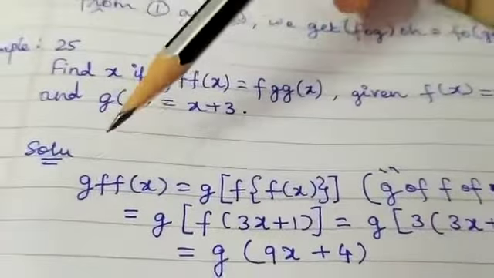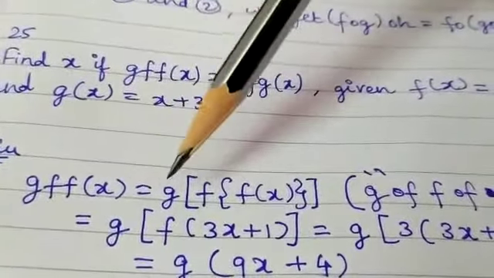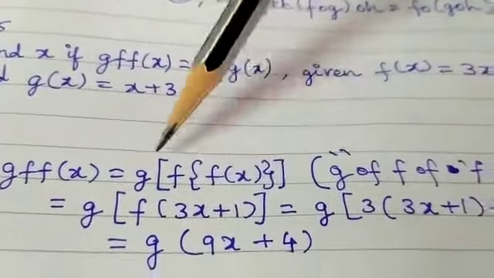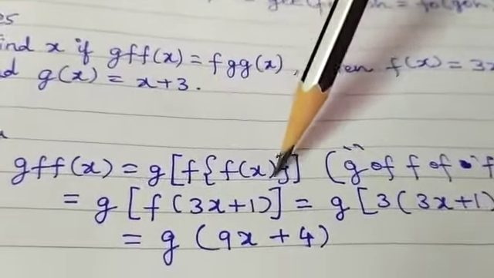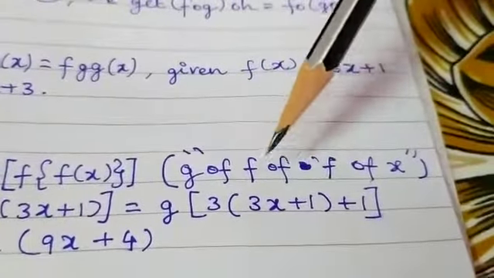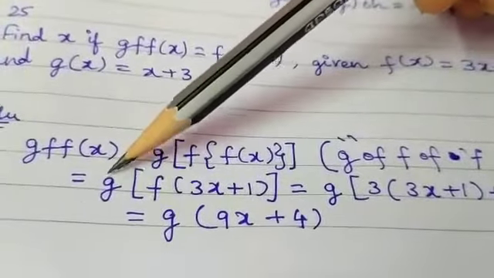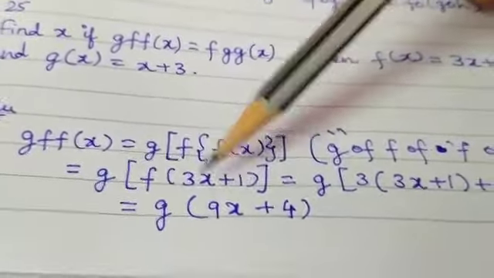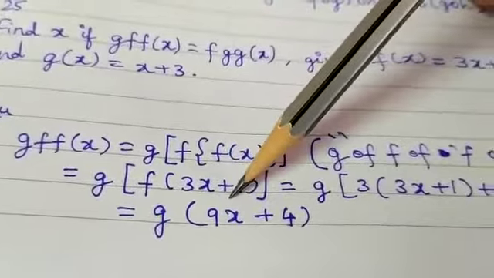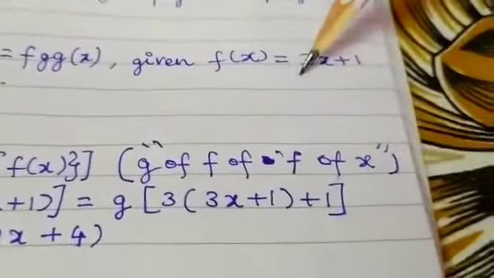In the solution, g into f of x, I am just separating it by two brackets, we pronounce it as g of f of x. That is g of 3x plus 1.